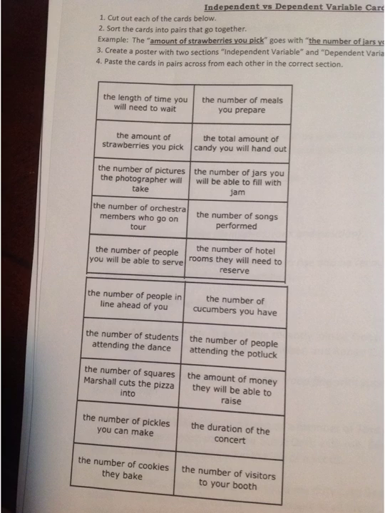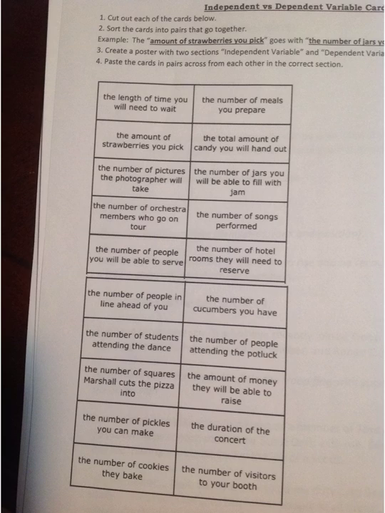So this sheet here is like a card sort, and you will have pairs that will go together. So the first example they give you is the amount of strawberries you pick, and that would go with the number of jars of jam you could make.